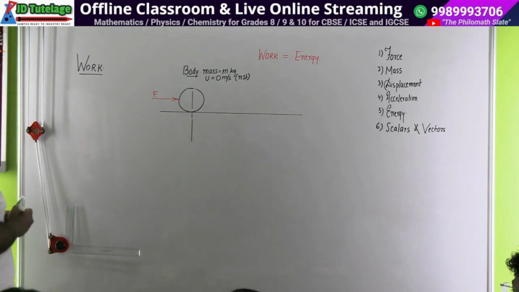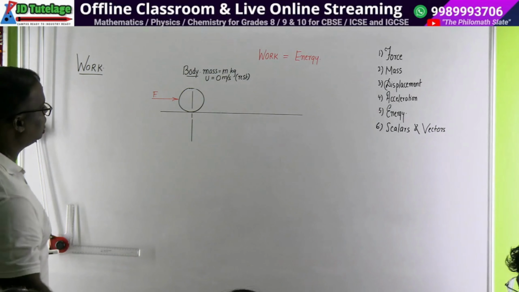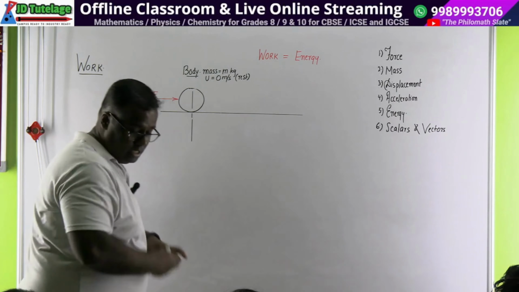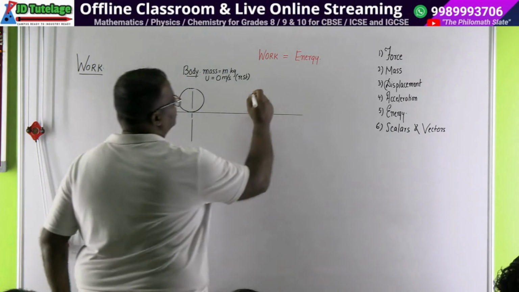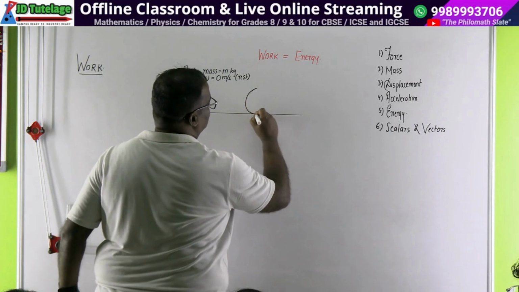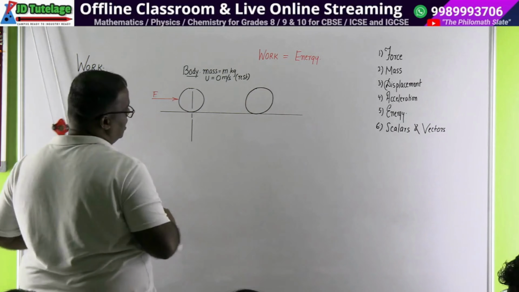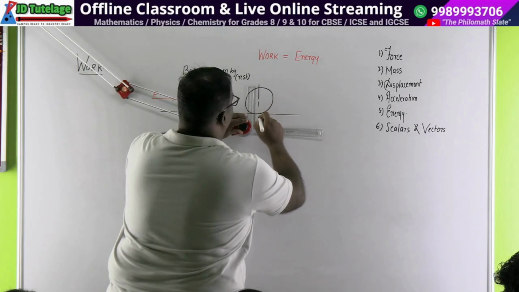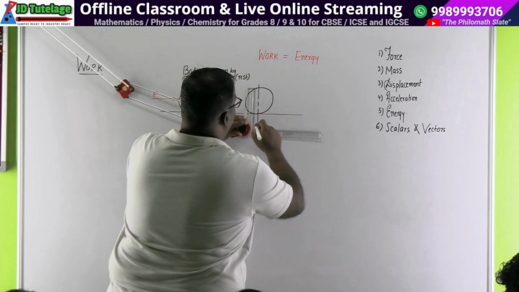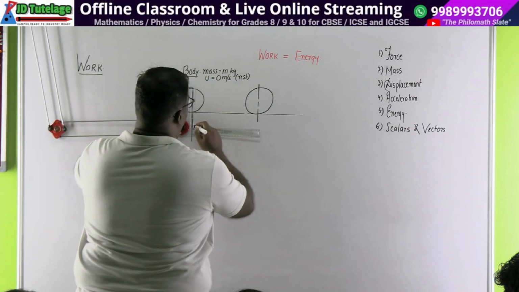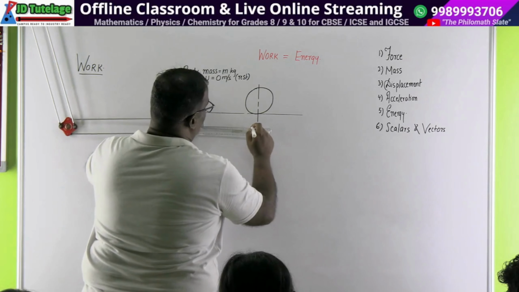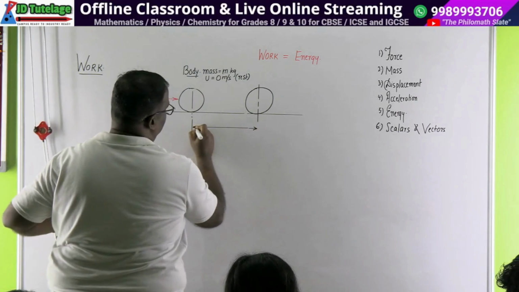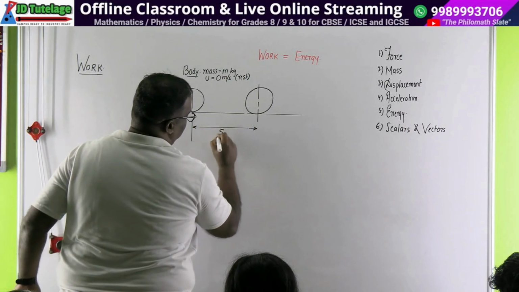Now once you give this force, your body starts to roll over and reaches a position out here. ये यहाँ reach कर जाता है, and let me say that the overall distance that the body has moved, and it's in a straight line, let's say this is S.